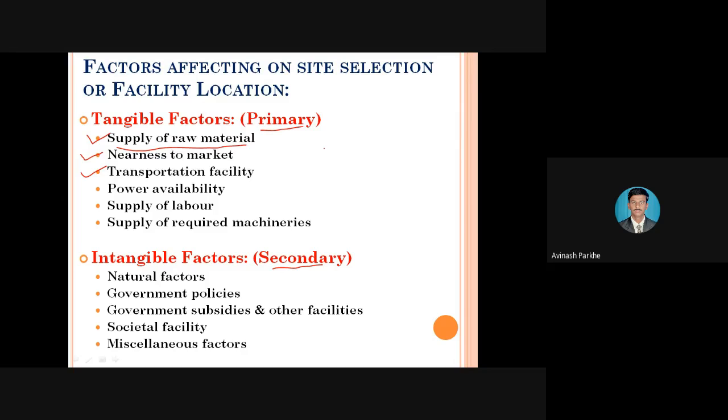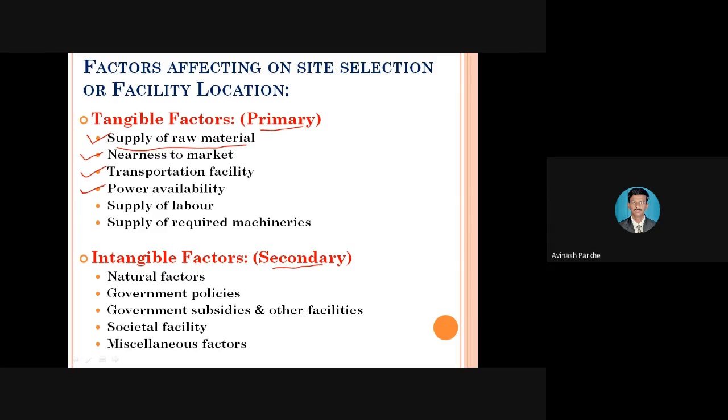So in order to avoid such difficulties, first of all we have to check whether proper transportation facility is available or not. If it is available, then we can immediately select that site for further manufacturing. Okay, so we have to check the transportation facility, and it is considered under the tangible factor, or the primary factor.